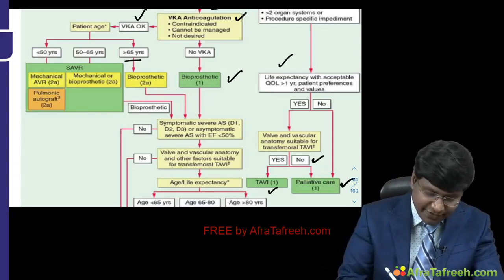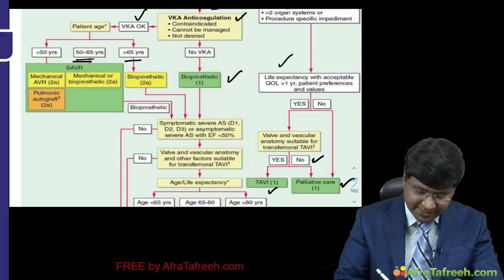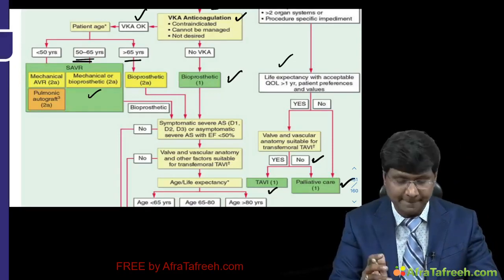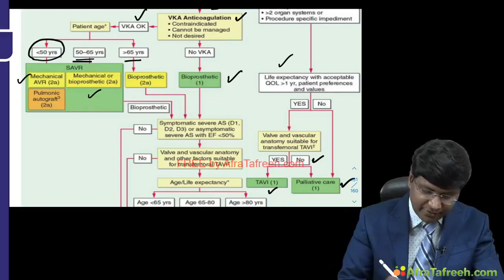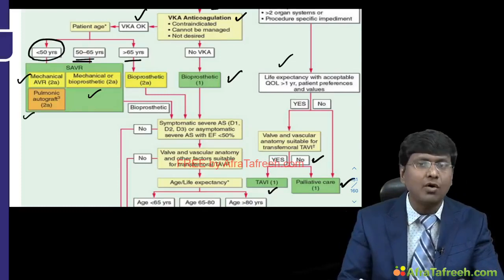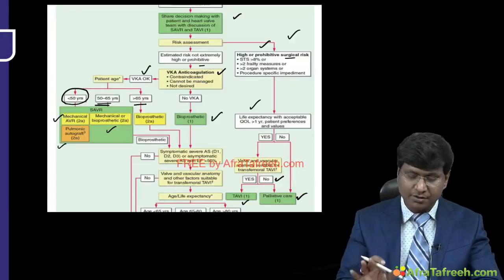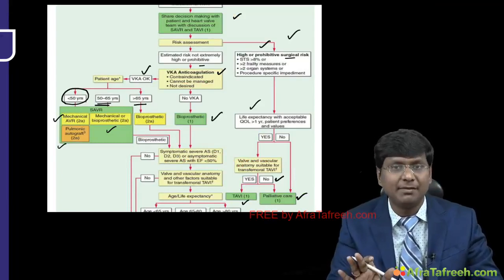But if the age of the individual is between 50 to 65 years and he is okay with the vitamin K antagonist, then surgical aortic valve replacement in the form of mechanical valve is being preferred. And for age less than 50 years, mechanical aortic valve replacement or pulmonic autograft, that is Ross procedure, is being preferred. Okay, so this is about which group of individuals have to undergo which procedural methods.